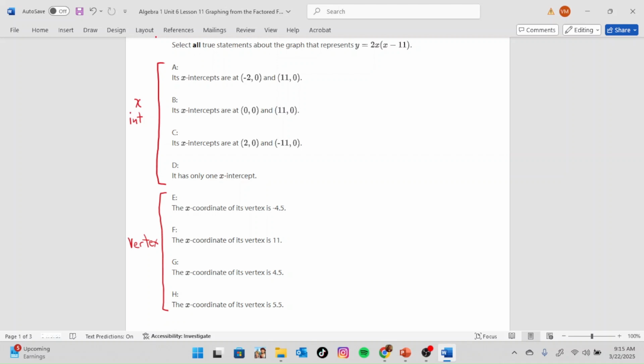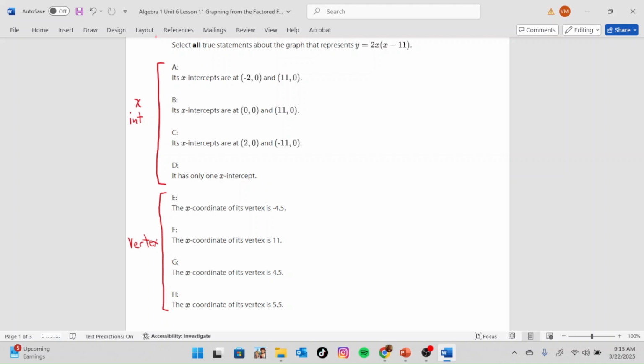Then if I look at E, F, G, and H, they are all talking about the vertex, giving you a possible different coordinate for the vertex. So only one of these could possibly be true. Now it's our job to decide which is which.